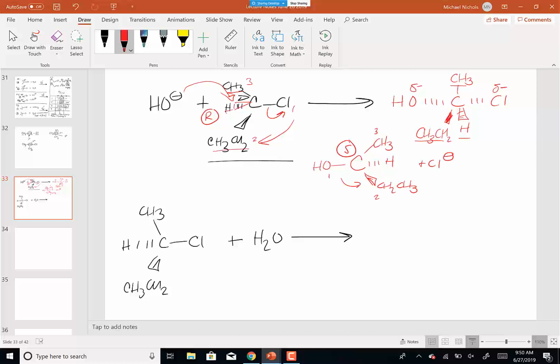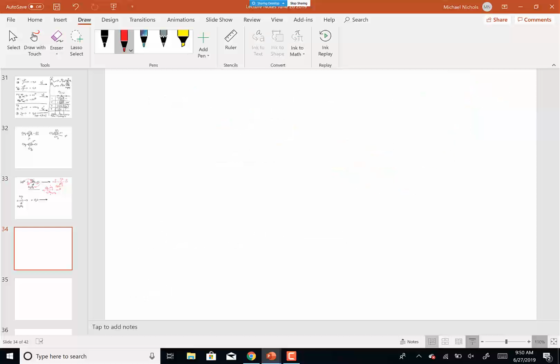So then for the SN1, now I've got this, I'm showing the stereochemistry here. So when I'm reacting this with, what did I react it with?